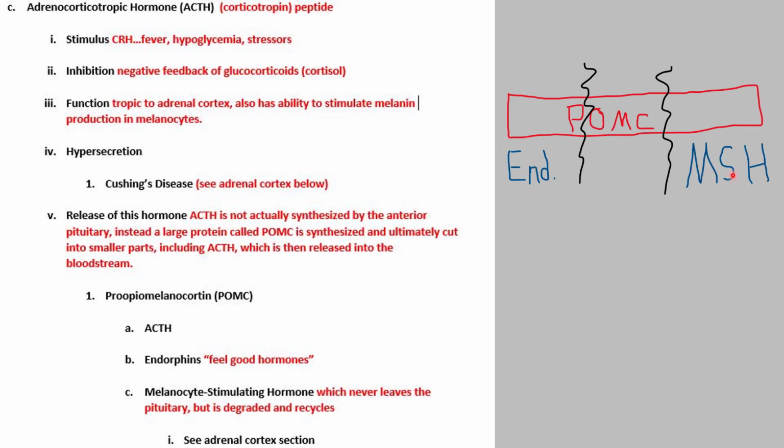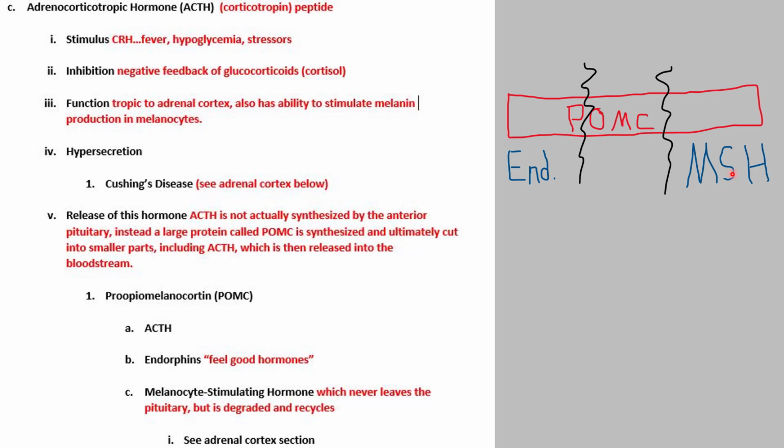Another piece is MSH, the melanocyte-stimulating hormone. Now, MSH, think back to Bio 137 when we talked about sun tanning. When you go out in the sun, the reason that you tan is because ultraviolet radiation from the sun damages the DNA of keratinocytes, those cells in your epidermis.